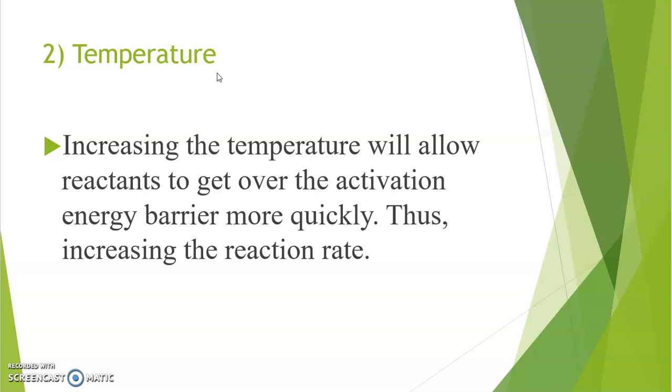This means that if you provide enough temperature, or you increase the temperature of a certain reaction, it will be faster to reach the activation energy, and you will have a higher rate. Now, the opposite, what happens if you decrease the temperature? The reaction will slow down. So if you increase the temperature, reaction will go faster. If you decrease the temperature, reaction will slow down.